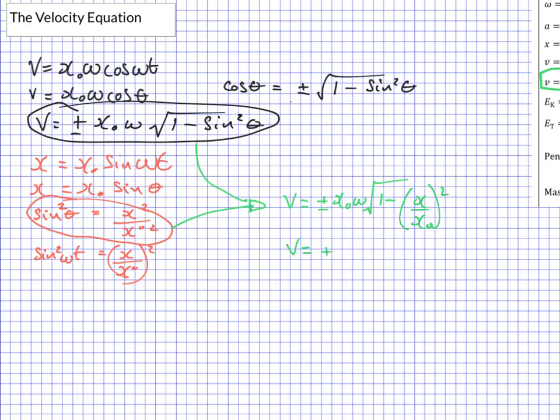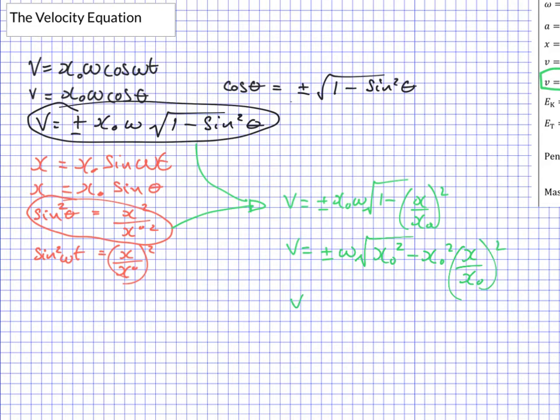So I'm going to go plus minus, and do some factorizing. I'm going to bring my x naught into underneath the square root sign. That's going to be x naught squared minus x naught squared times x over x naught, the whole thing squared.